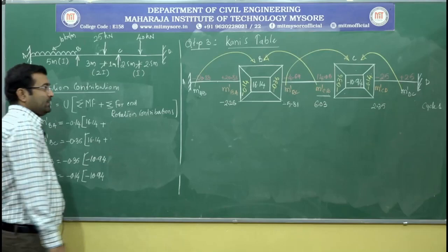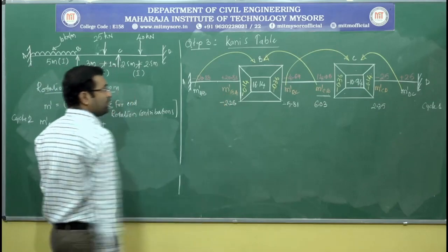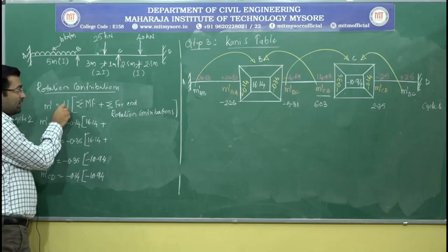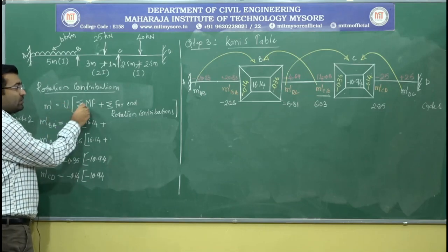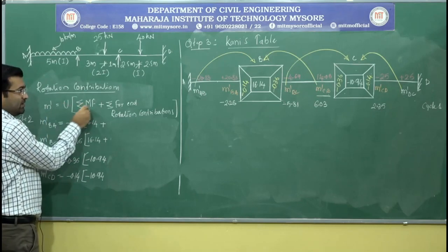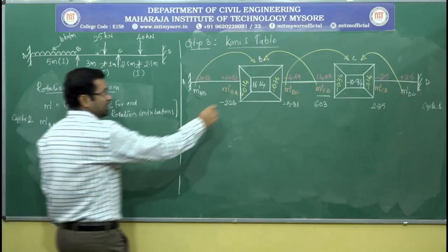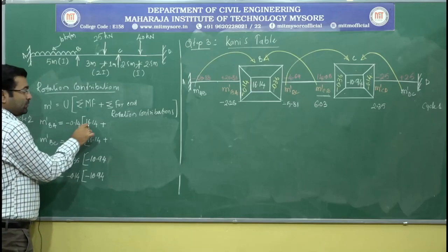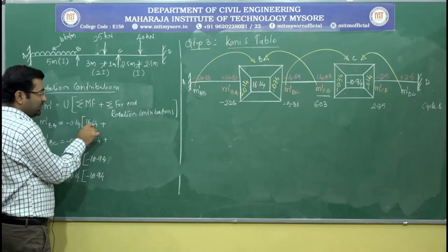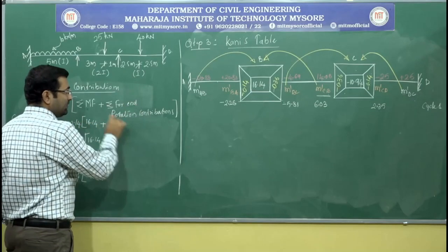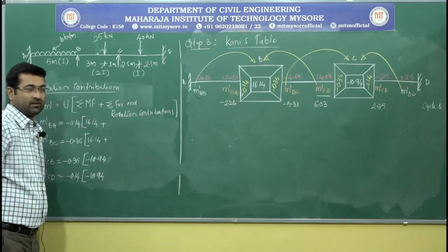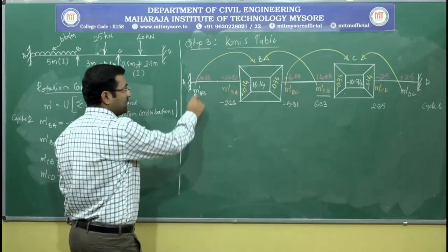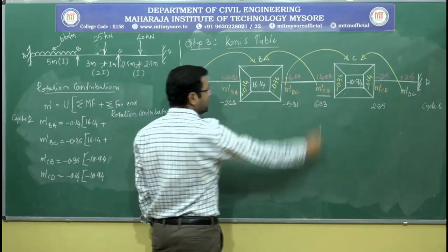Now for the second cycle, if I start with M dash BA, M dash BA is equal to the rotation factor into fixed end moments. These values will remain the same, they are not changing. So it is minus 0.14 into 16.14 plus the far end rotation contributions for joint B, M dash AB and M dash CB.